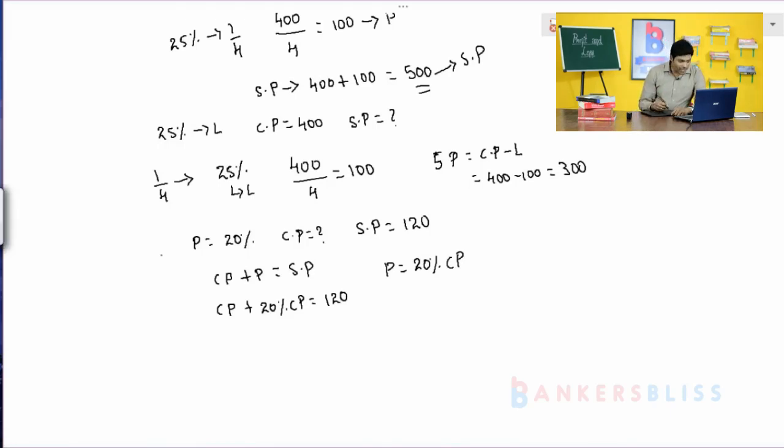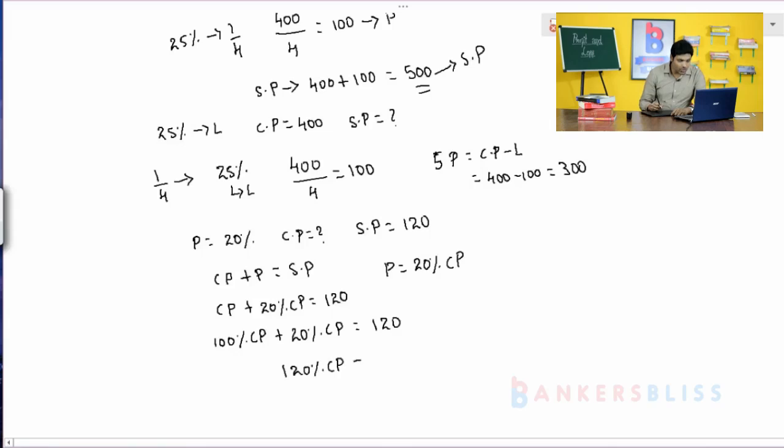Okay. So, in place of cost price, if we want to represent the cost price in terms of percentage, then we have to write it as 100% cost price plus 20% cost price is equal to 120. So, 100% cost price plus 20% cost price, that is nothing but 120% of cost price is equal to 120.